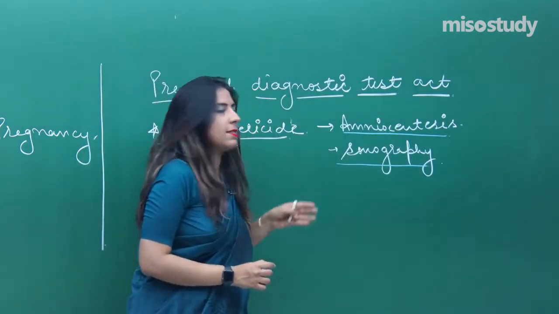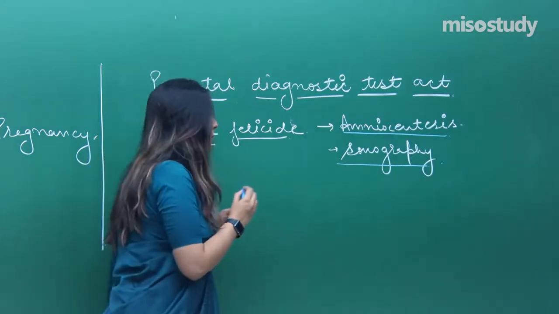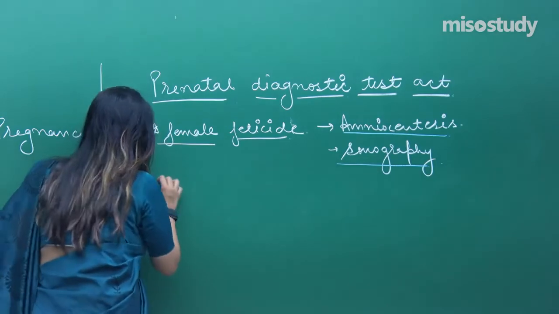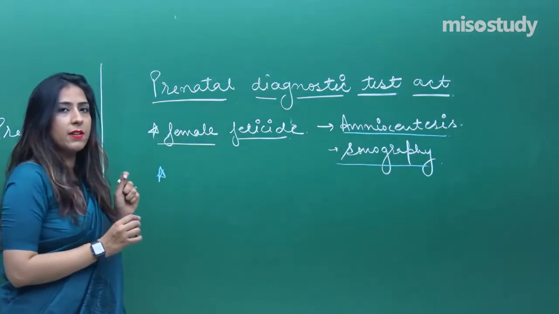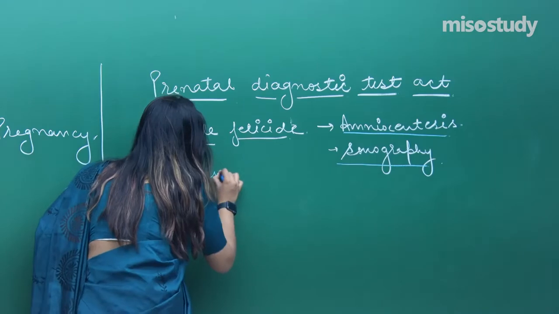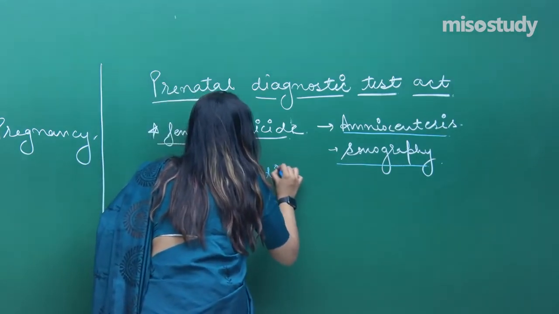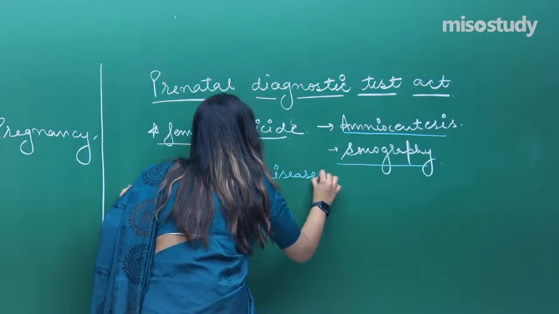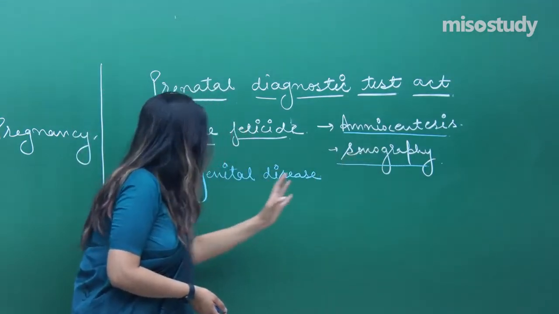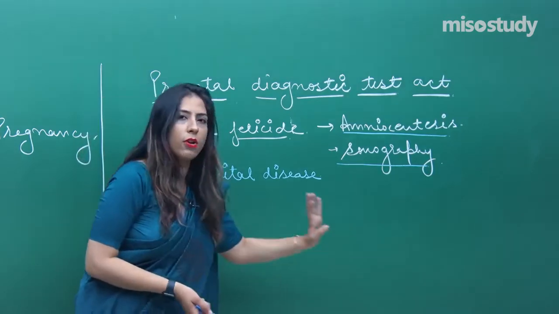These are the two tests by which we can get to know whether the child is having certain malfunctions or some congenital disease. The actual use of amniocentesis and sonography is to check whether the child has a congenital disease or not, right?